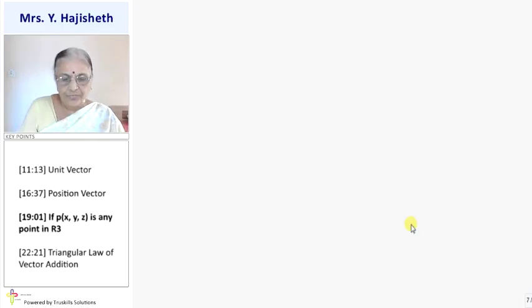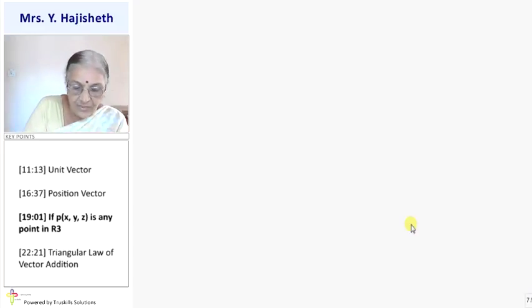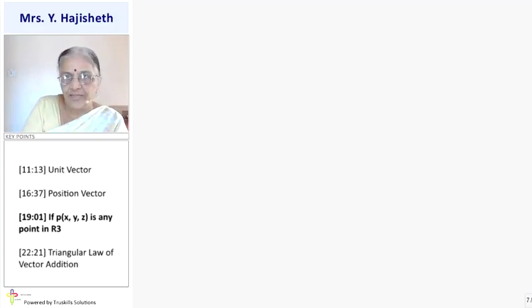Now, if vector x is xi plus yj plus zk, then xi, yj and zk are called vector components. And only x1, only x2 and only x3 are called scalar components of the vector. Okay. Now see, we have also learned the following things in R cube.